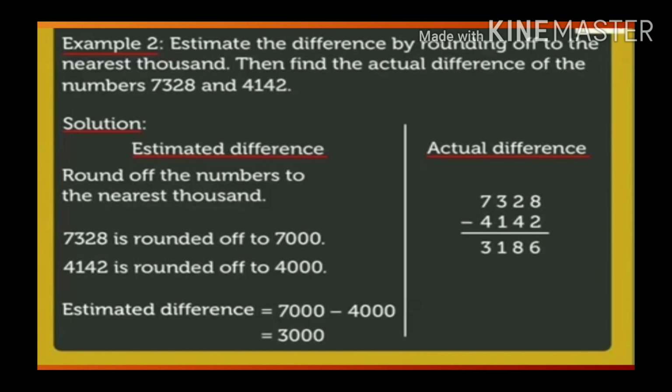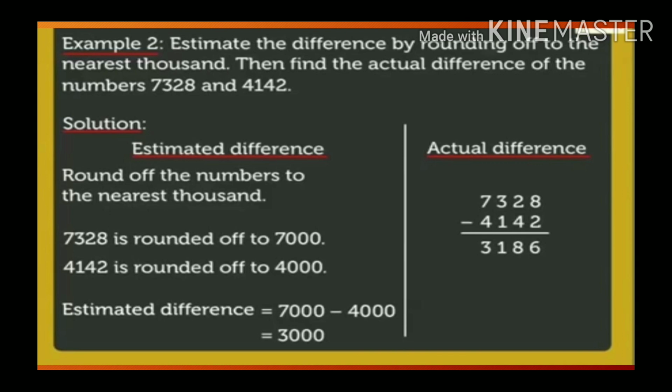Now let's see another example. Example 2. Estimate the difference by rounding off to the nearest 1000. Then find the actual difference of the numbers 7328 and 4142.